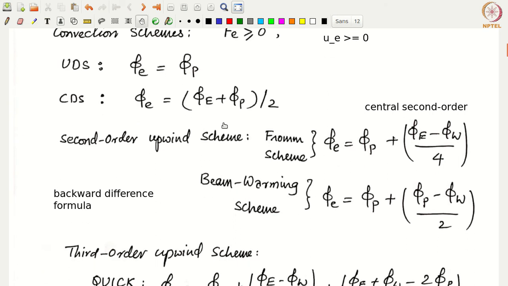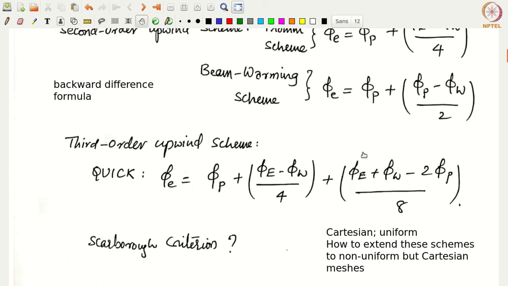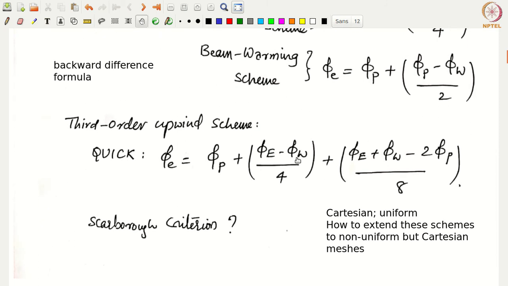Now, of course, if you are working with any of these higher order schemes, again you see that there are these neighboring coefficients, phi west and phi P here, which essentially carry a negative coefficient, right? So these negative coefficients are not good, and this is also not good because it is making the central value phi P go to a smaller value.